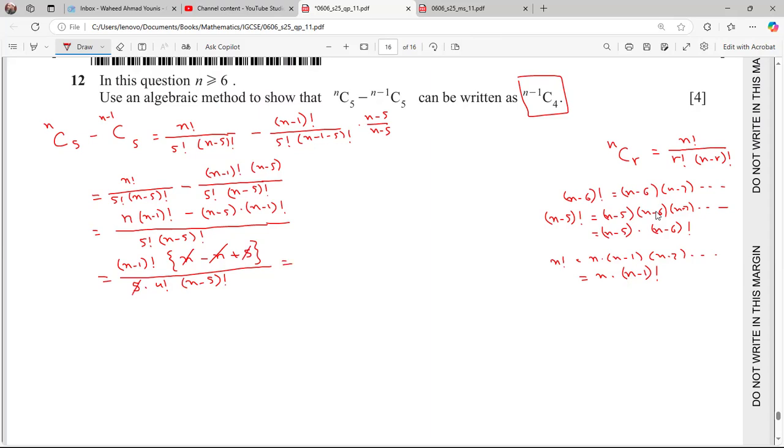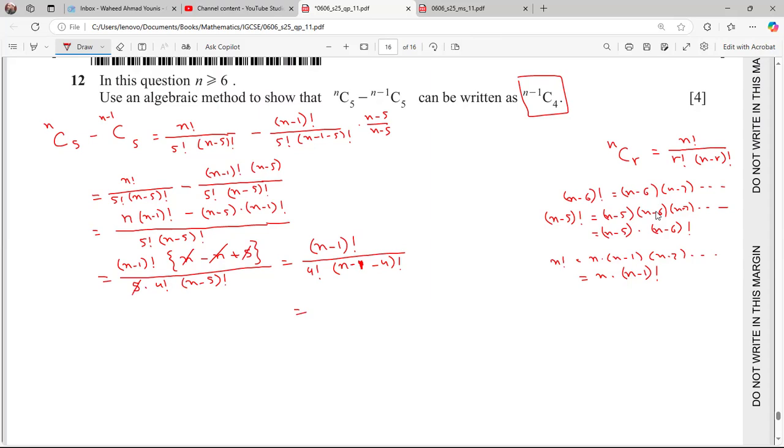And now I have (n minus 1) factorial in the numerator and 4 factorial and (n minus 1 minus 4) factorial, since n minus 5 can be written as n minus 1 minus 4.